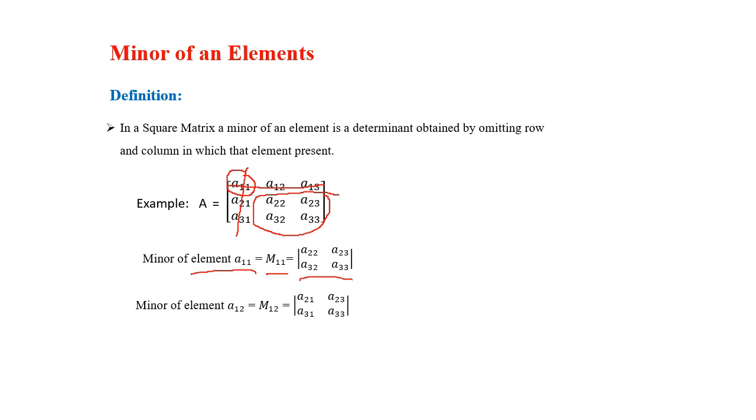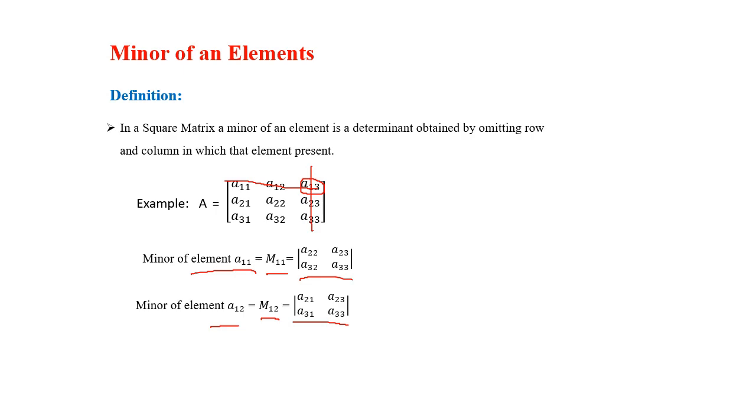Similarly, we can find the minor of this a12, which will be denoted by capital M12. This is again a determinant. I will consider this a13. What is the minor of this a13? Just delete the row in which this element lies and the column in which that element lies.